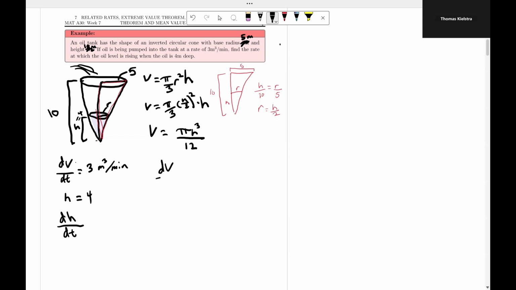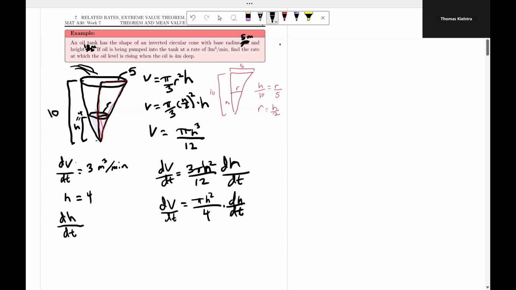So dv by dt equals 3 pi h squared over 12 dh dt, so dv by dt equals pi h squared over 4 dh by dt.